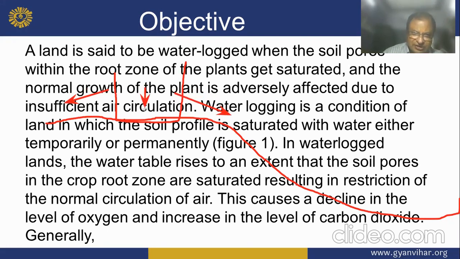So one condition, if the canal is on line, water enters the soil.